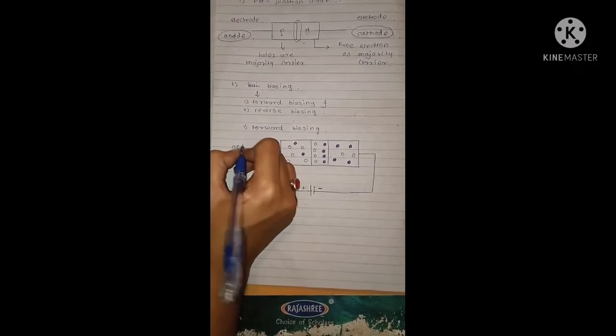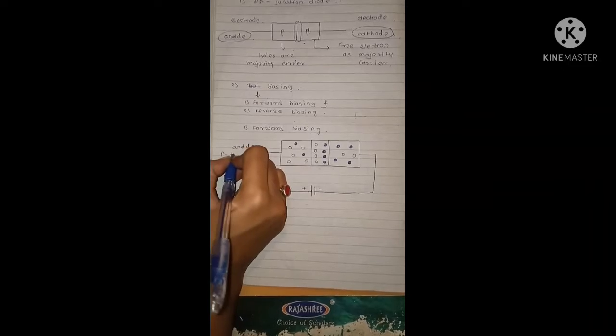This is the anode, which is p-type semiconductor.